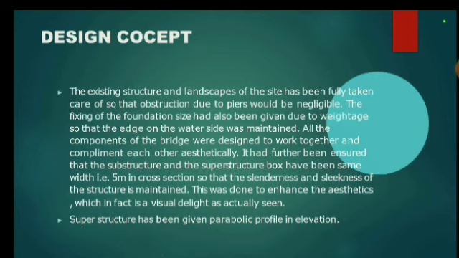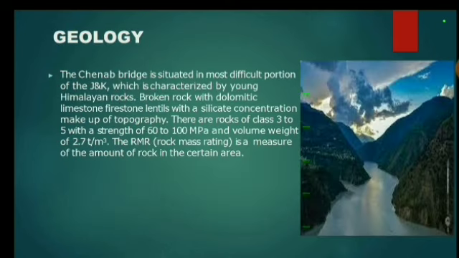It had further been ensured that the substructure and superstructure box have the same width, that is 5 meter in cross section, so that the slenderness and sleekness of the structure is maintained. This was done to enhance the aesthetics, which is in fact a visual delight as actually seen. Superstructure has been given a parabolic profile in elevation.